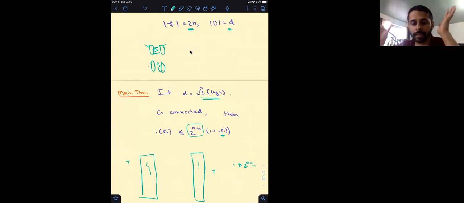Then the number of independent sets is at most 2 to the n plus 1 times 1 plus o(1). And a question is whether this dependence can be improved to make sure you fall into these two main categories.